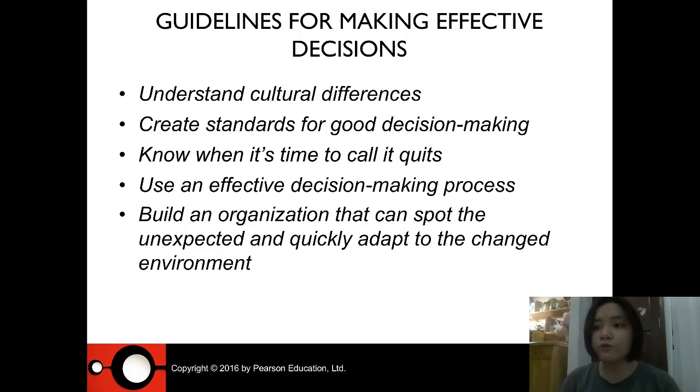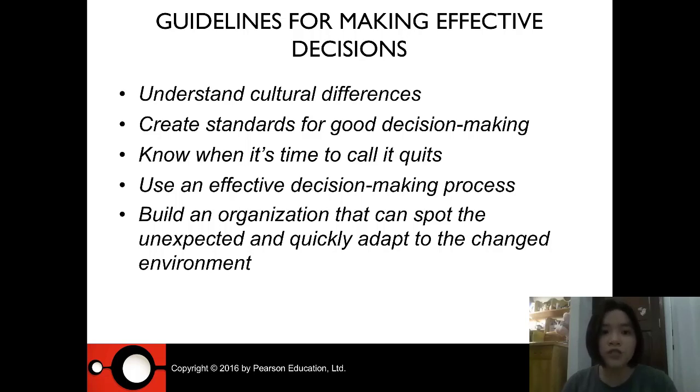Now we're going to move to part number 5, which is about effective decision making in today's world. Today's business world revolves around making decisions, often risky ones, usually with incomplete or inaccurate information and under intense time pressures.